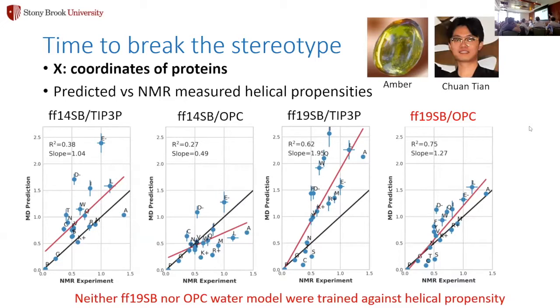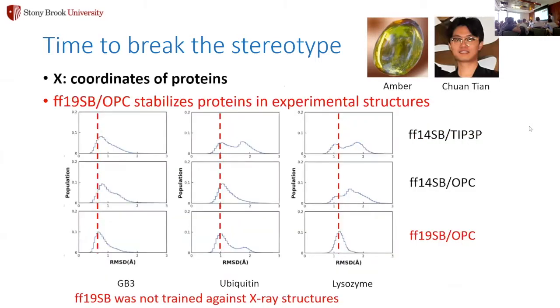And the OPC water model also is not something for improved helical propensity. It's just trained against physical properties of liquids. So with all these, we are matching the experiments better by just making things more like quantum mechanics, I guess. This is a regular MD simulation of a model protein to see its stability in the simulation.